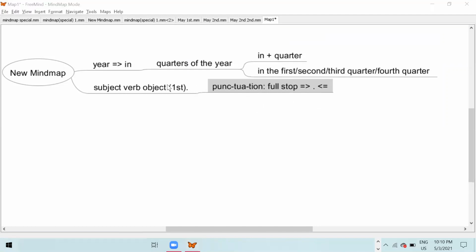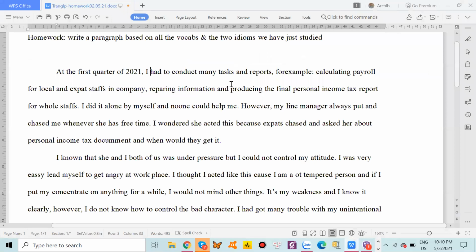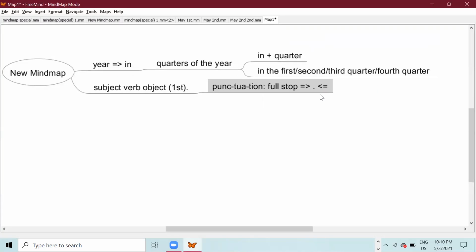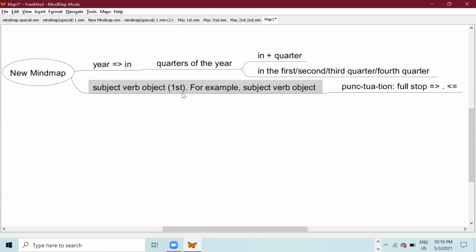So after a sentence, we use "for example"? No, we don't use "for example" after the sentence. We use "for example" to begin the sentence. So here, full stop. You give me a full stop like this, and then you begin your new sentence with "for example," then a comma, and here is your next sentence: subject, verb, object.